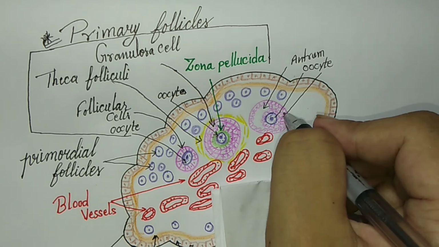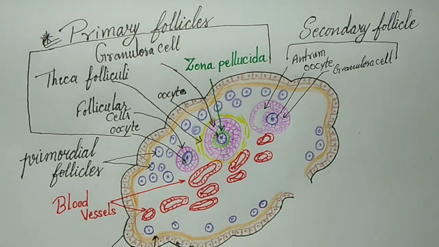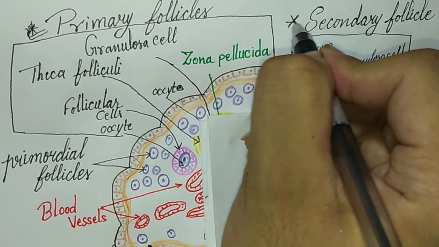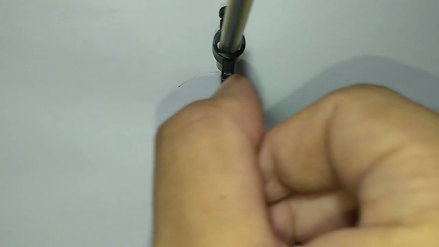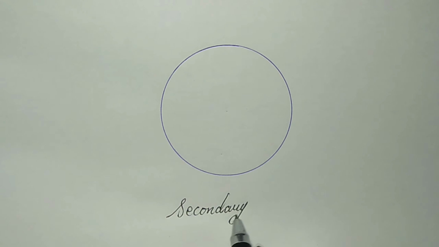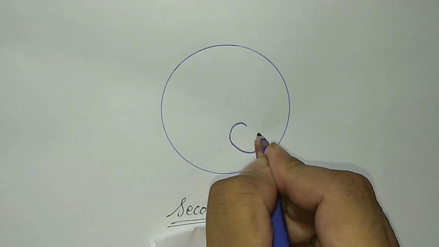This is antrum, oocyte and granulosa cells, altogether called the secondary follicle. Now in detail structure of secondary follicle, we will see what are the changes occurring during the secondary follicles.